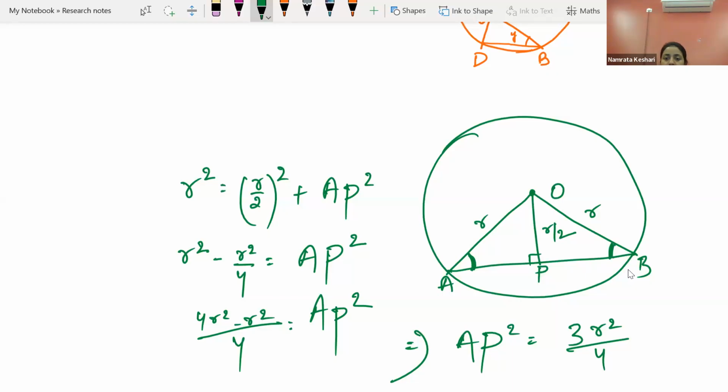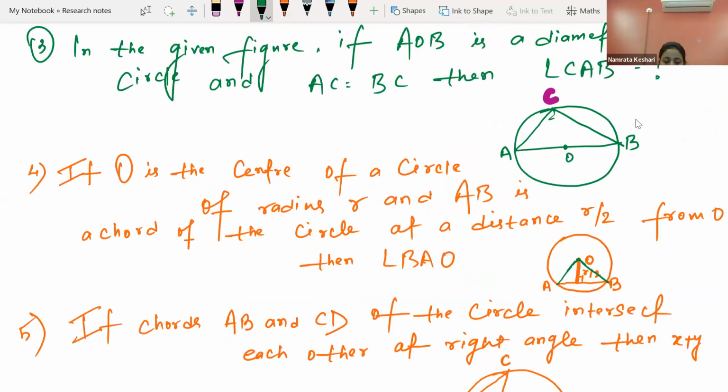Have I written everything? These two angles will be same. Triangle AOB is isosceles, so angle A and angle B will be same. Let me check the question first, otherwise we will keep on working and realize that the data was not given properly.